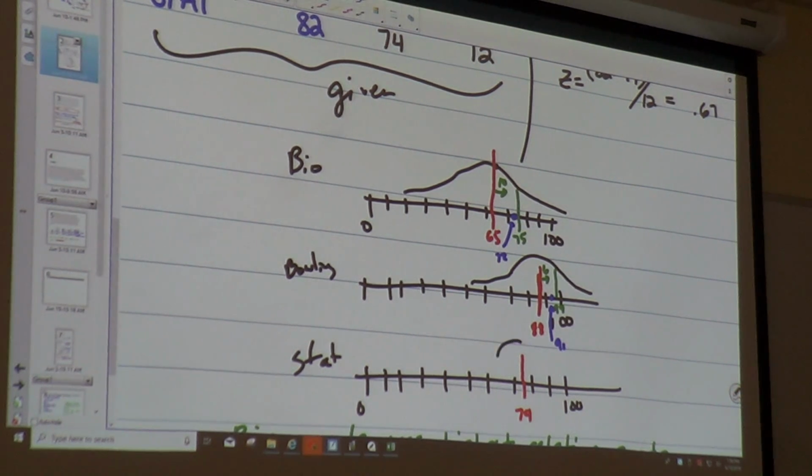So that's where their hump is, because the mean, median, and mode fall in the hump when it's symmetric. 82 is their data point. And they have a standard deviation of 12. So where's their next green line going to be? 74, 86. 86, my bad, I can't write. 86, that was a 74.